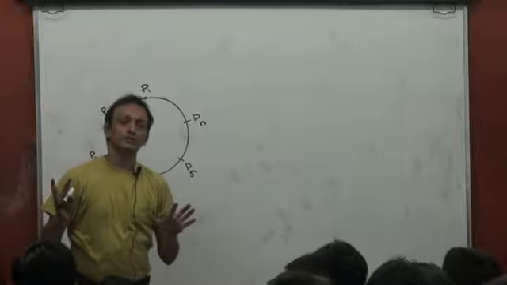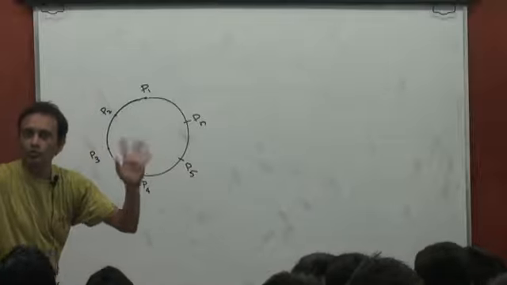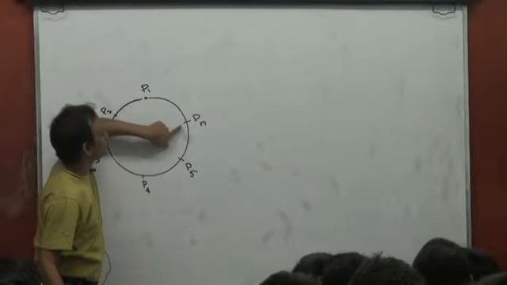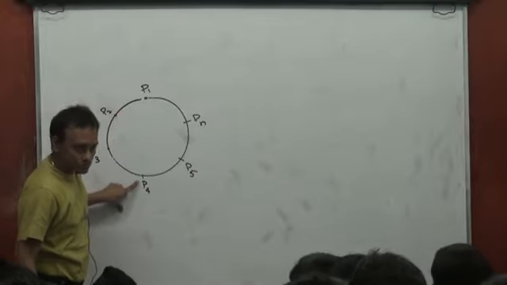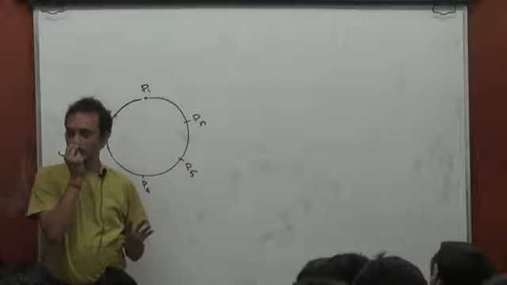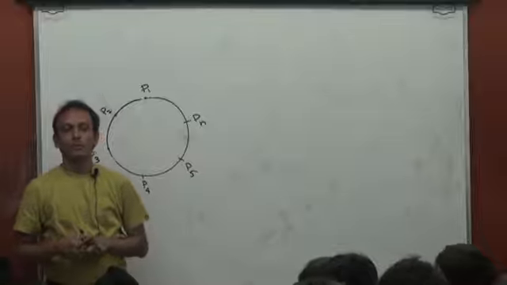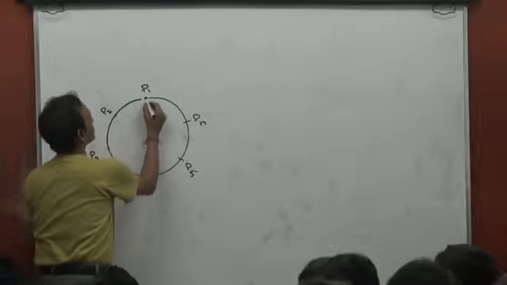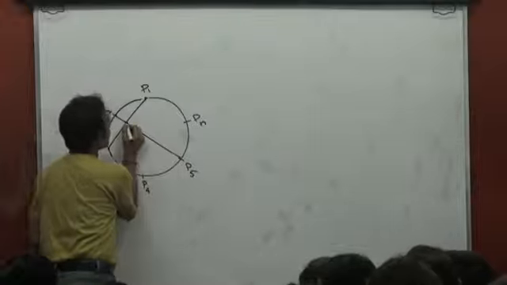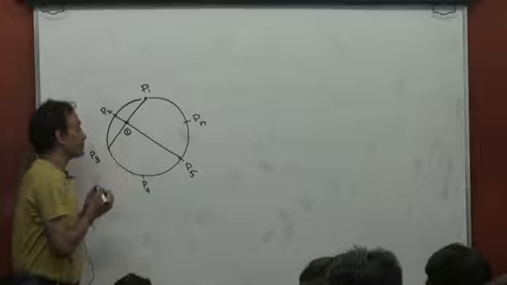And any point is joined to any other point. All points are joined to all other points. P1 is joined to P2, P1 is joined to Pn, P1 is joined to P4 and so on and so forth. For example, P1 is joined to P3, P2 is joined to P5. There is one point of intersection, right?